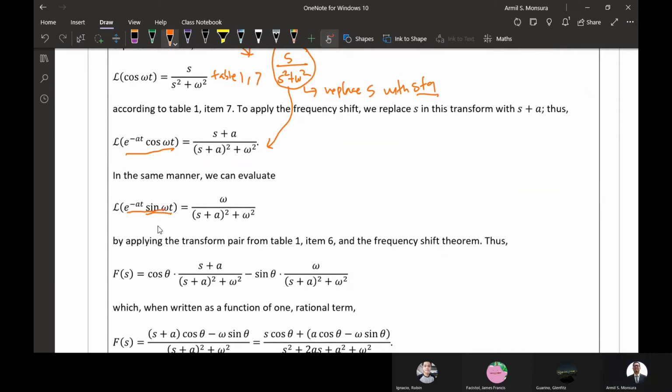Itong part na to, under siya nung property 4, yung frequency shift. So, sa frequency shift, simulan natin siya with taking the Laplace transform of sine omega t. Ito, Laplace of e raised to negative at sine omega t. We start with ito. Kunin natin yung kanyang Laplace transform, which according to table 1, number 6 ito.